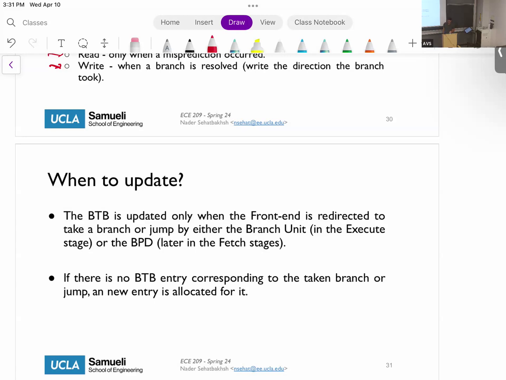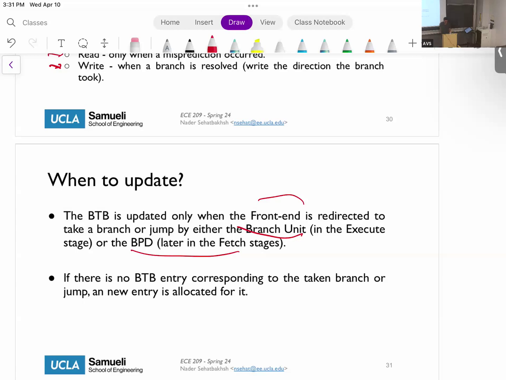Usually we do this in the front end still, with the branch redirected using the branch unit in the later stage of the BPD. If you remember the 4 stages, in the 4th stage we already know whether this branch is taken or not taken. Then we can update our BTB.